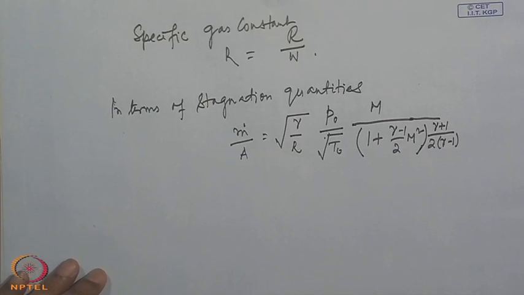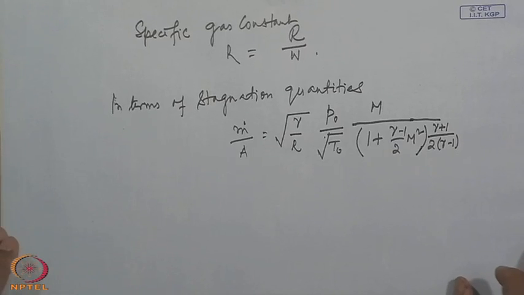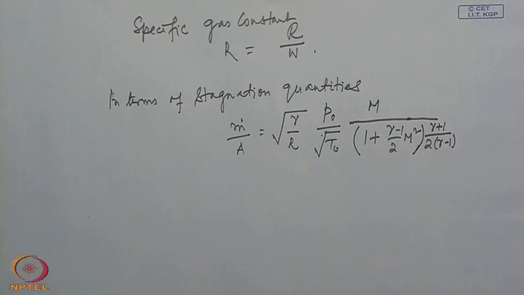and this must be remembered that the flow that we are considering now is a flow through a duct of varying cross sectional area.